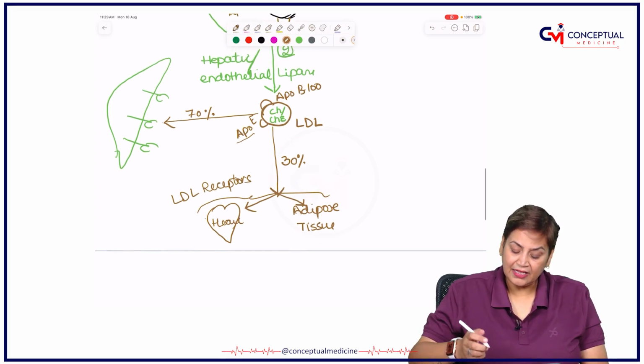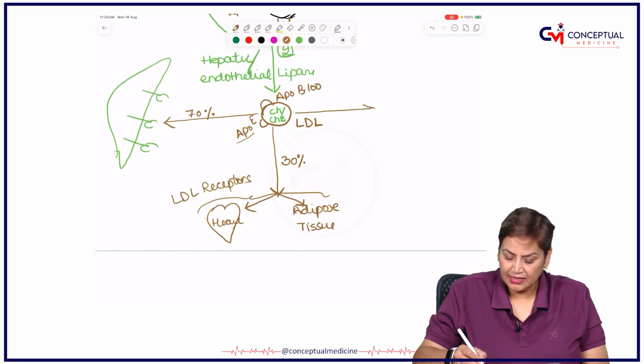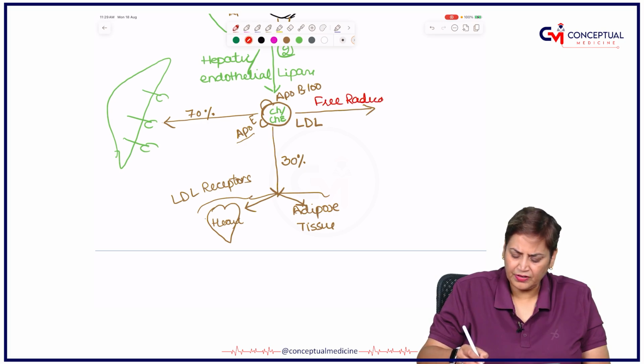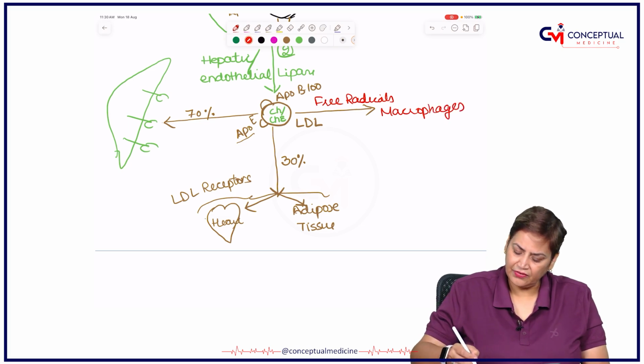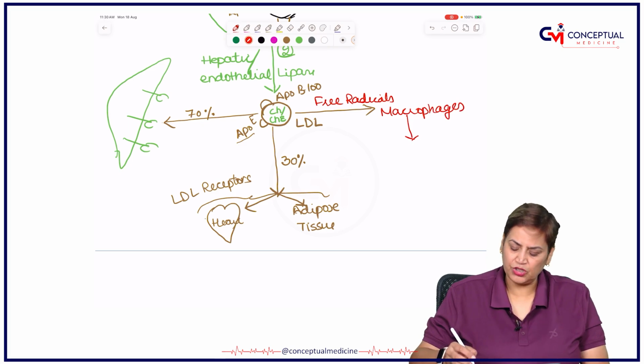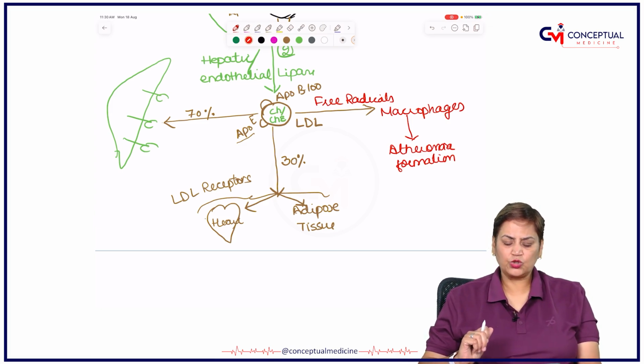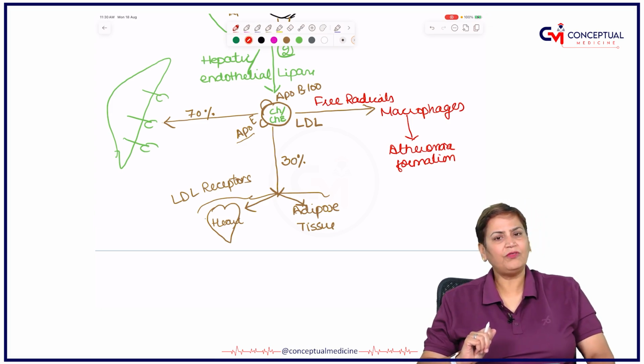On the other hand, this LDL in the presence of free radicals will be accepted by the macrophages and it will lead to the formation of foam cells. Right? So this is the fate of VLDL.